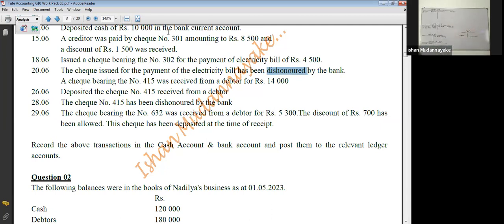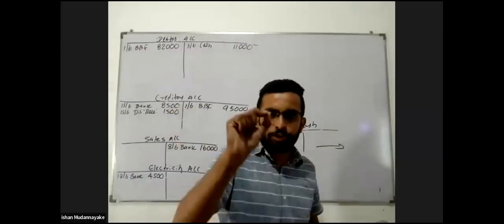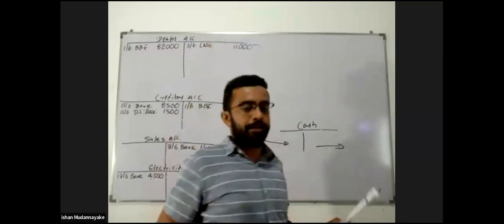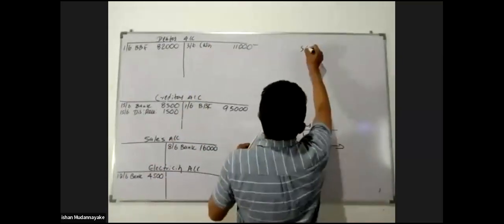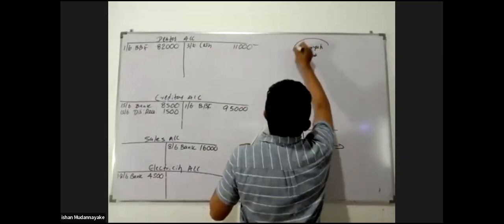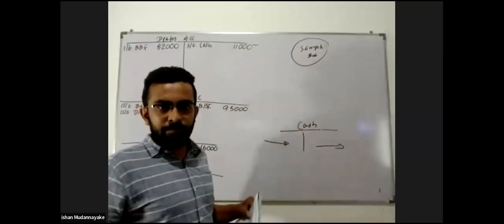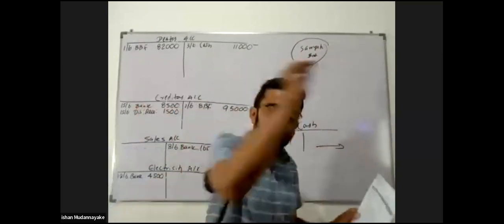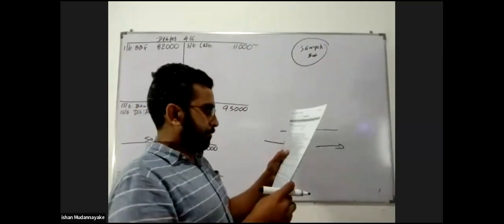Let's say, like this. Dishonor means returned check. Let's say you maintain your bank account in Sampath Bank. To the electricity board, you issued a 4,500 check.